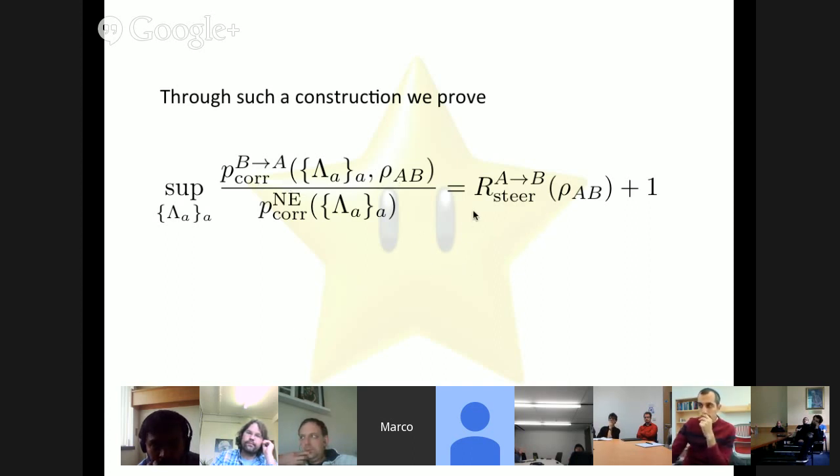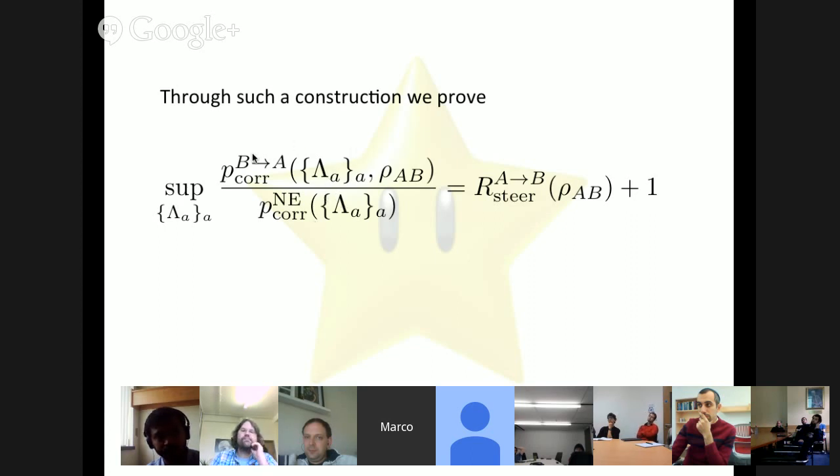So let us read together this formula. On the left, we have a ratio between the probability of correctly identifying the subchannel that took place among the subchannels that form this instrument. This is a probability that is achieved by the given input state by means of the best possible one-way LOCC measurement of the output. This is compared, in the sense that we take the ratio, to the best success probability when we don't use entanglement for the same instrument.